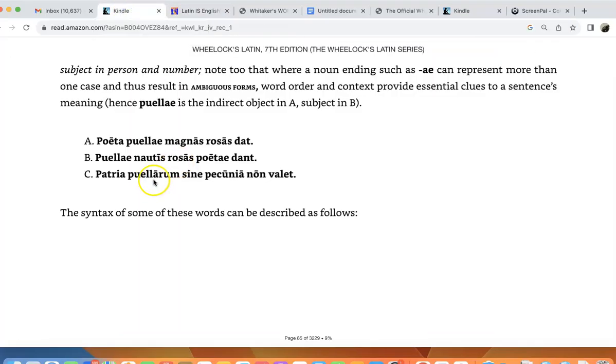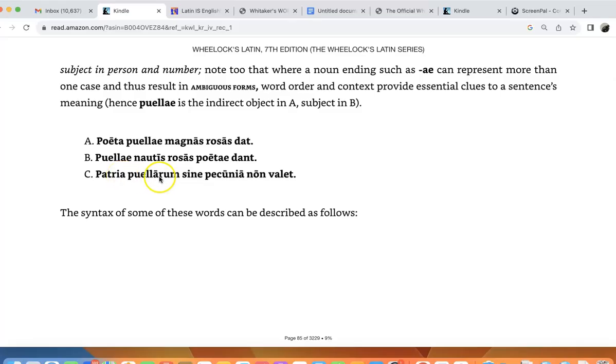Notice it's the only word that ends in a. This one ends with a macron, so that's ablative, as we'll see. Remember, a verb can't be the subject, and an adverb can't be the subject. This is a preposition, so if you just analyze the parts of speech in this particular case, as we get into further chapters, you're going to be able to infer or deduce, depending on how you think about it, that one of these words is the nominative subject.